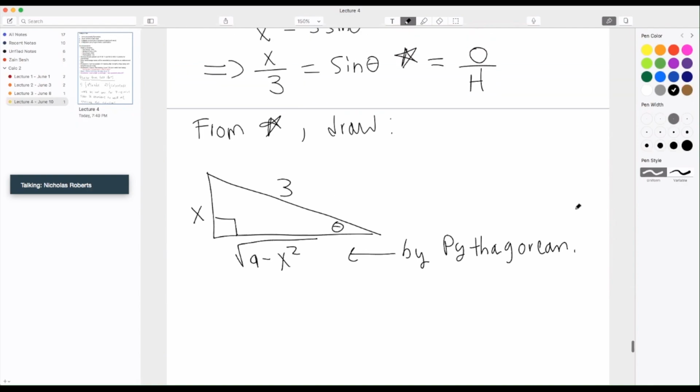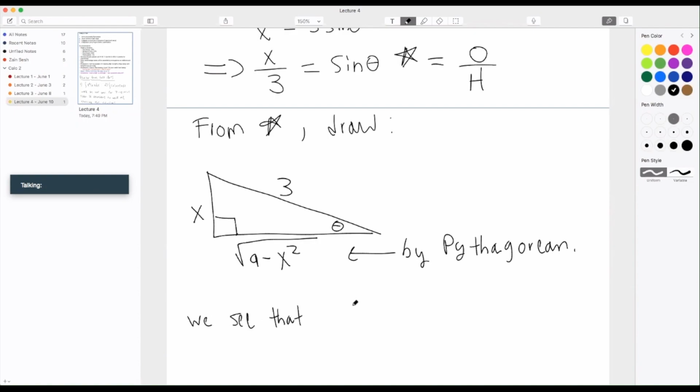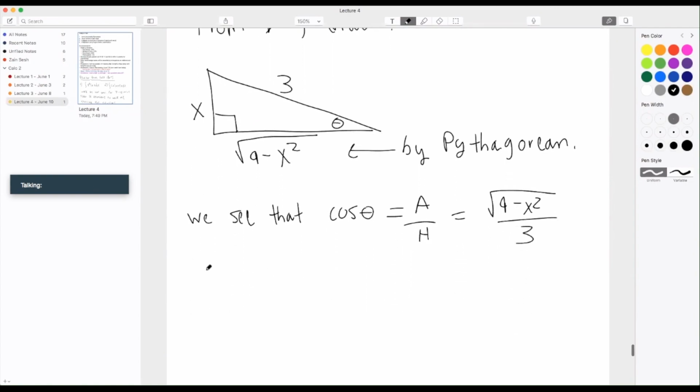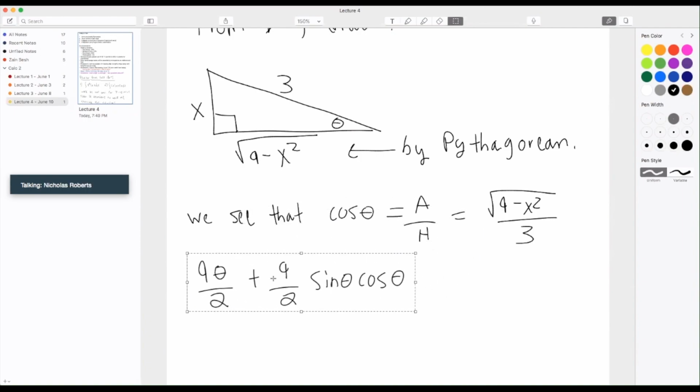Okay, very good. So we see that cosine theta can be easily read from this triangle. It's going to be adjacent over hypotenuse, and that will just be the square root of 9 minus x squared over 3. So let's just recall what we need. I'm going to copy it down again.